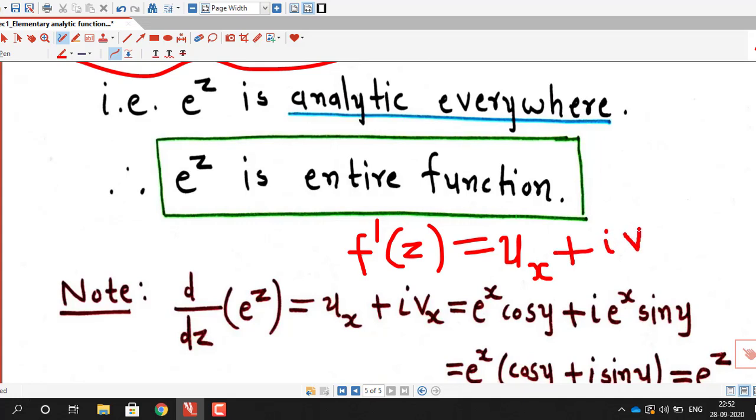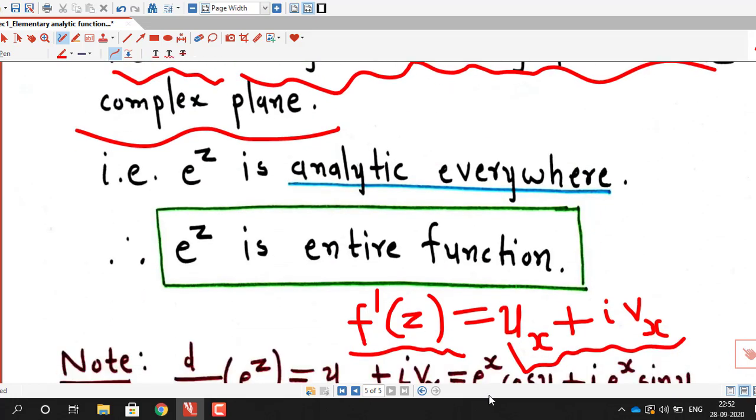So f dash z is del u by del x plus i into del v by del x. If the function is differentiable at any point z, its value can be evaluated at that point using this formula. So here our function is e raised to z, so the derivative is del u by del x plus i into del v by del x.